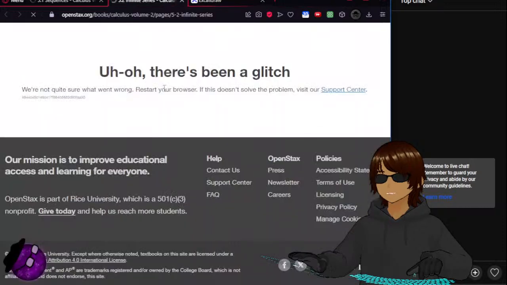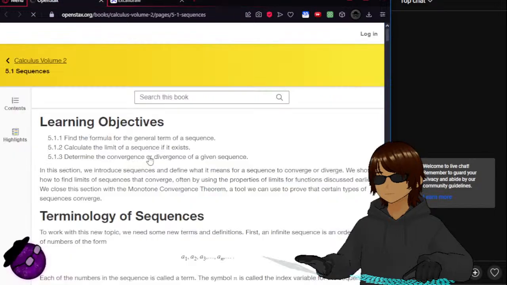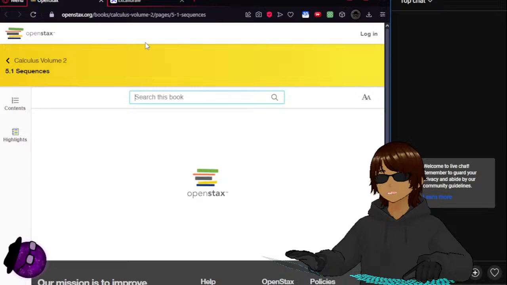Why is this not loading? I think when I have two tabs open, then it doesn't load properly.